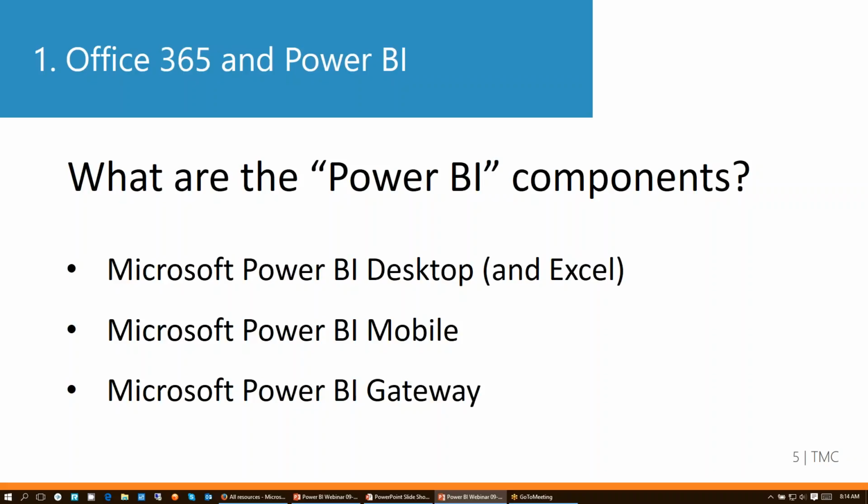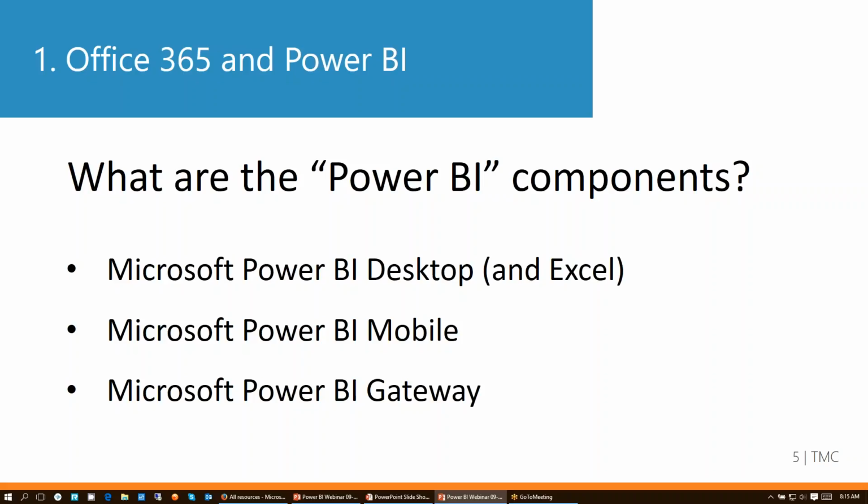The gateway for Power BI functions in essentially the same fashion. This is the secure tool that allows me to tunnel through firewalls and move data from on-premise to online or online to on-premise in a safe and secure way. I don't have to worry about exposing my data to somebody that doesn't need it. I'm going to do it entirely through the Power BI gateway.